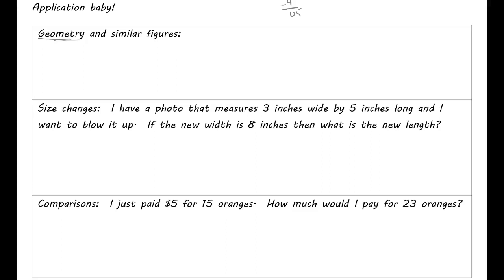You probably know from last year you studied similar figures, and you learned that a figure is similar if they have the same angles on the inside and if their sides relate in a certain way. So in other words, if I take this rectangle and I shrink it by half its size, then you know the dimensions of this rectangle.